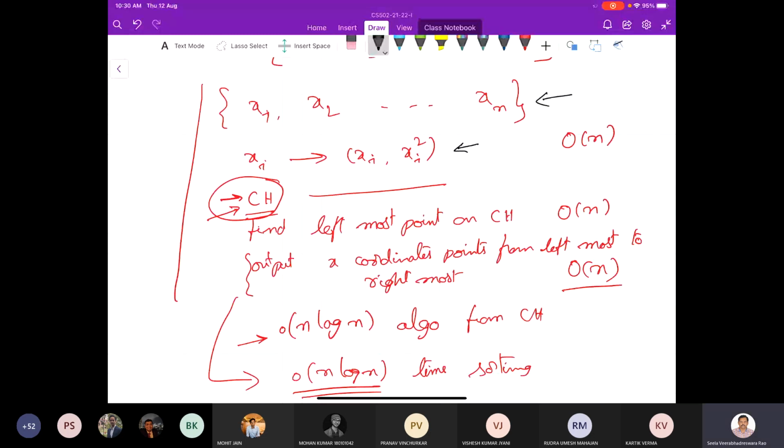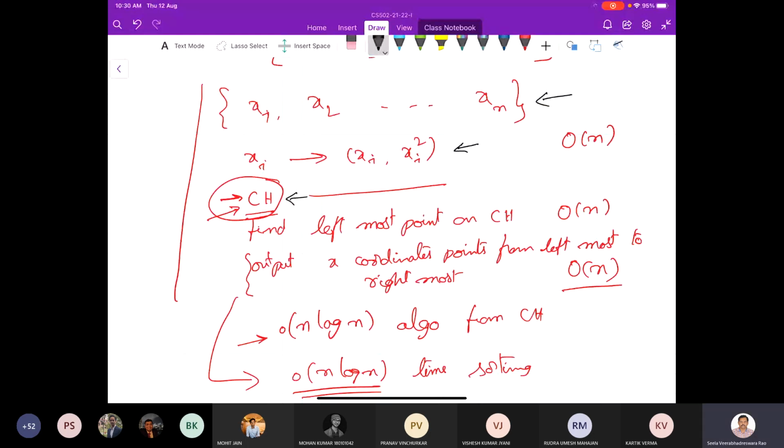Then find the leftmost point. Of course, we are assuming that this convex hull output is given to us as a counterclockwise sequence. So you start from the leftmost point and start traversing up to the rightmost point or last point. While traversing, you report the x-coordinate of these points. And whatever the output, this is nothing but a sorted sequence of the initial original points.